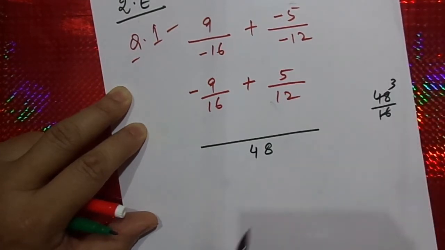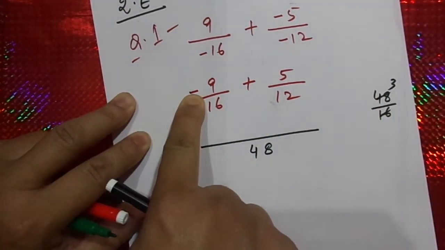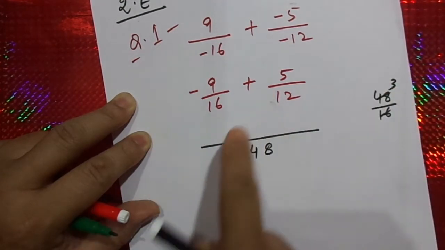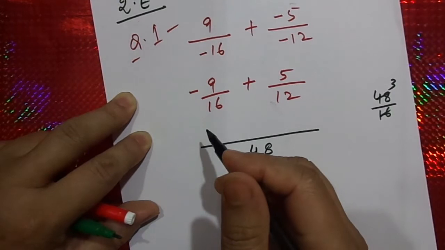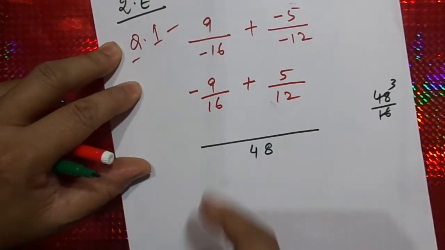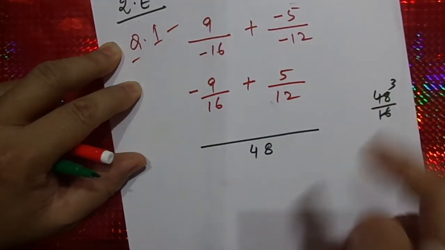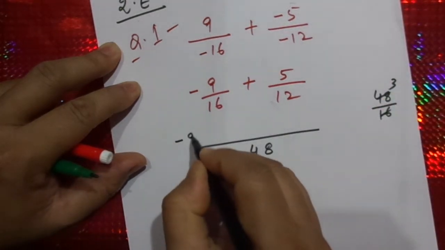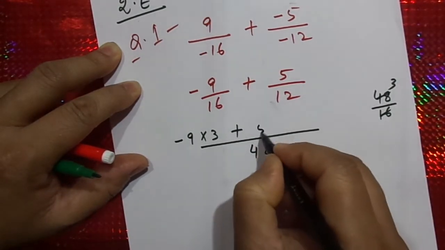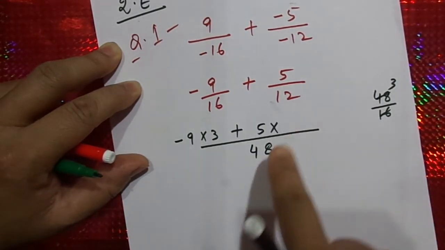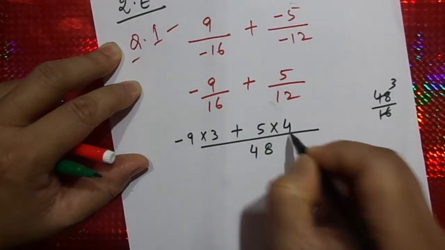Now there are two ways to multiply. Either you multiply 3 with minus 9 or minus 9 with 3. Both have the same result. But it is better that you multiply the numerator first with this quotient, plus the numerator with the quotient, 48 divided by 12, which is equal to 4.